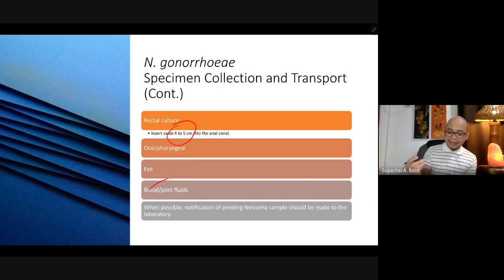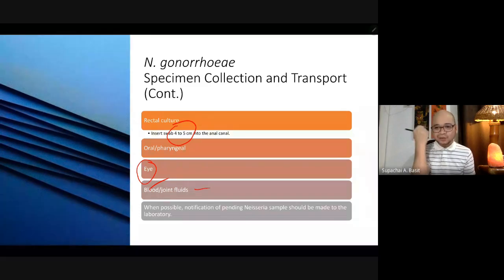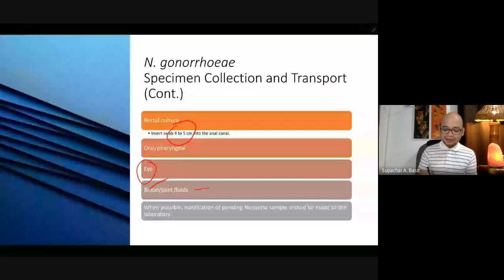Blood can be submitted for suspicion of septicemia. Joint fluids for gonococcal arthritis. And when we say eye, we do not send the entire eye, but this particular slide pertains to the swab, if there's a purulent discharge coming out from the eyes. When possible, notification of pending Neisseria sample should be made to the laboratory.